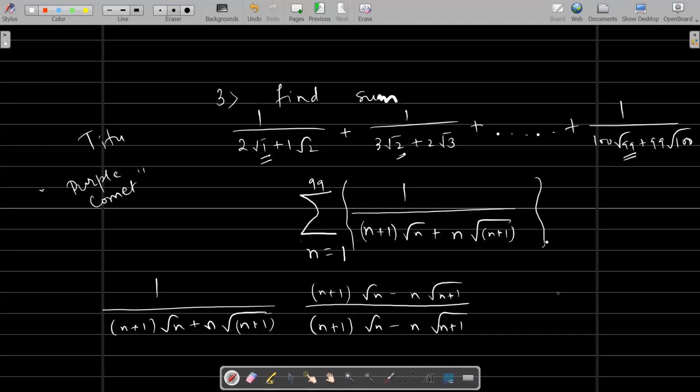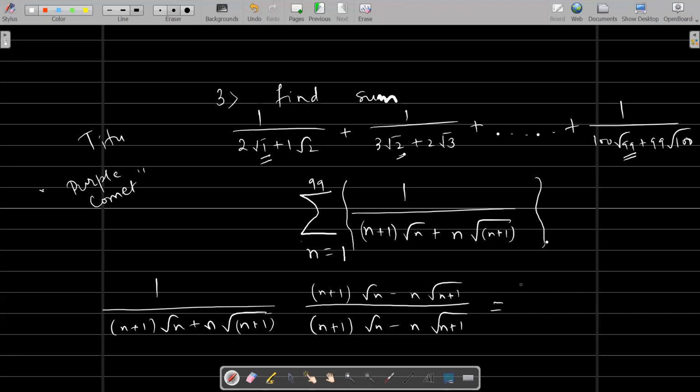Suppose my term is of the form 1 by a plus b, I'll multiply and divide by a minus b. If my term is 1 by a minus b, I'll multiply and divide by a plus b. What's the advantage? In the denominator I get a plus b into a minus b, which simplifies to a square minus b square.